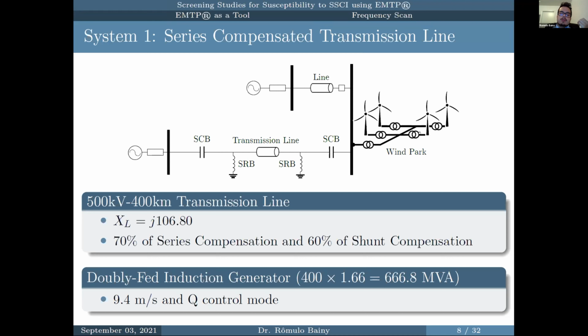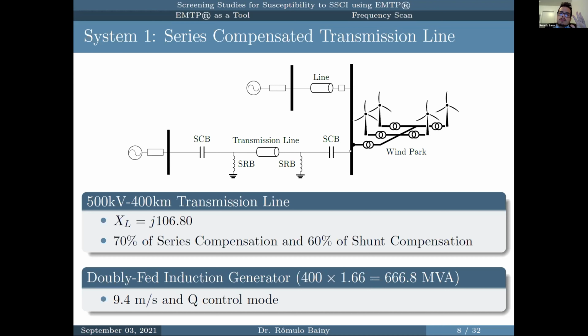Our wind park was set as a type 3 wind park, where we have 400 towers, each one with 1.66 MVA, which results in 666.8 MVA of total power. We set this to Q control mode, the control mode of the reactive power, and to 9.4 meters per second wind speed.